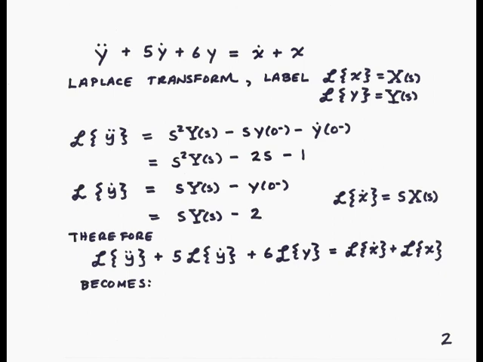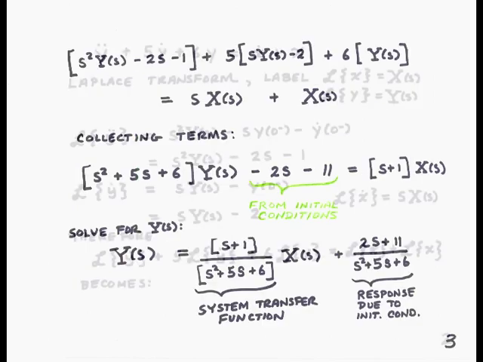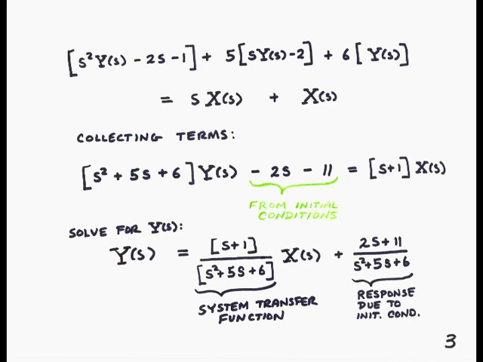So we can plug all these back into our differential equation. Laplace transform of our differential equation becomes quantity s squared y of s minus 2s minus 1 plus 5 times s y of s minus 2 plus 6 times y of s equals s times x of s plus x of s.